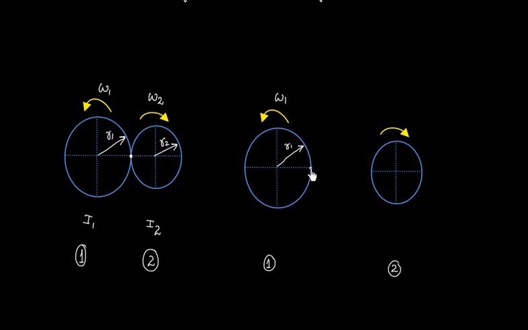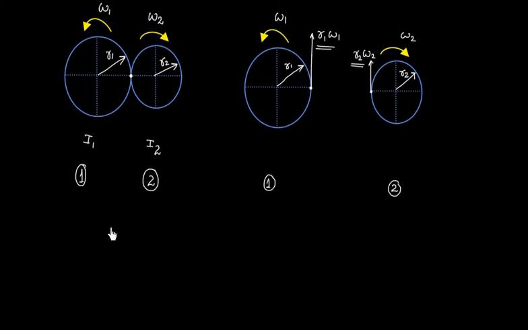This point will have a linear velocity of r1 into omega 1. Similarly, this point will have a linear velocity of r2 into omega 2. Now the direction of friction will depend upon the values of r1 omega 1 and r2 omega 2.